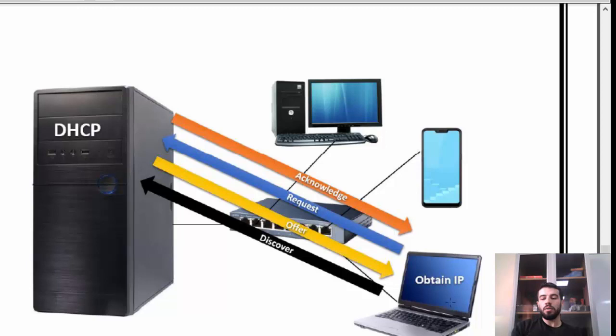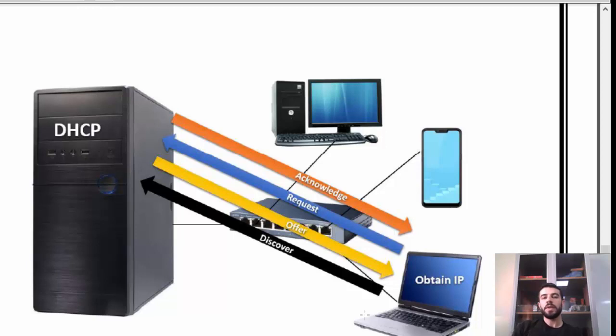When we set the client to obtain an IP address, the client sends a discover, not a request, because discover is not just one request. It sends many requests to all the computers, to all the servers in the network. The client says, I need an IP address, I need configuration, I need DNS. So it sends the discover, and the server sends the offer.